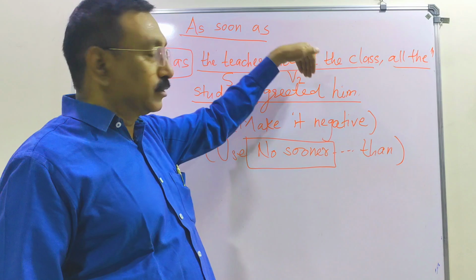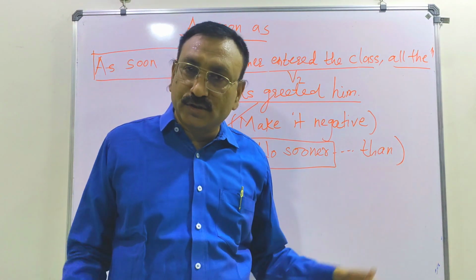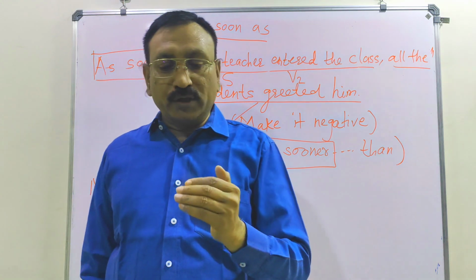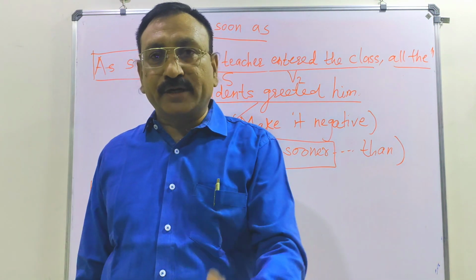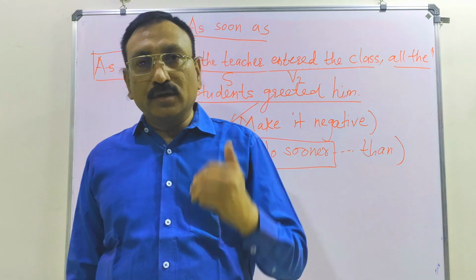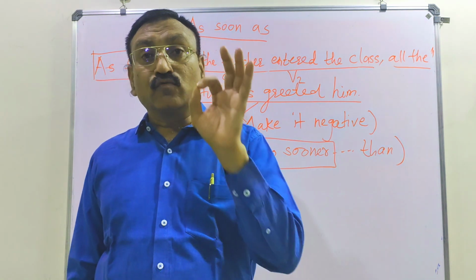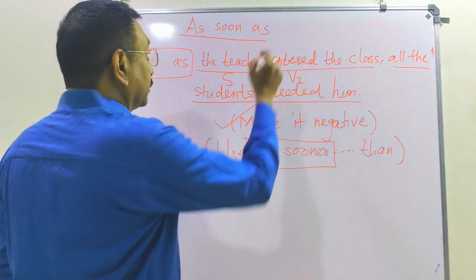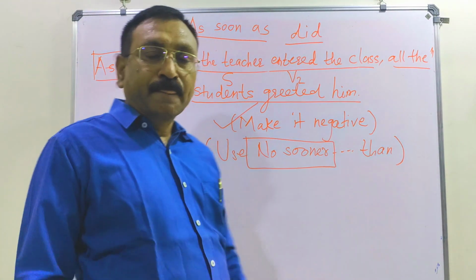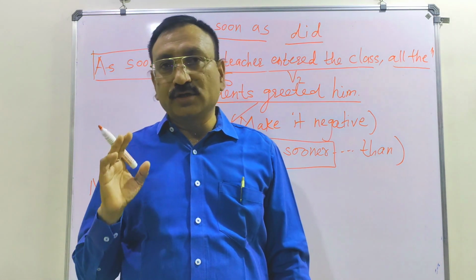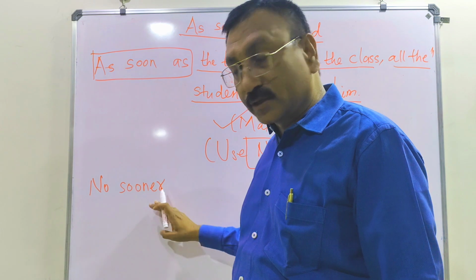The clause is in simple past tense, and everybody knows in simple past, when we frame a WH question, when we make the sentence negative, or when we transform the assertive sentence into a verbal question, we use the auxiliary verb did.